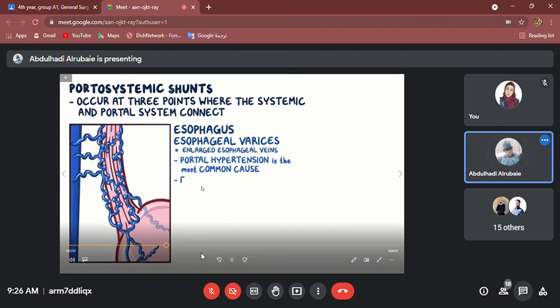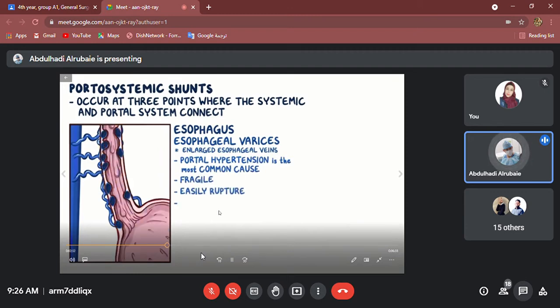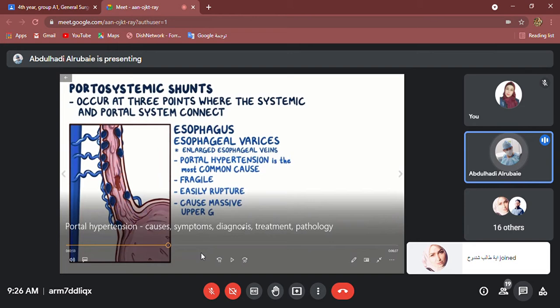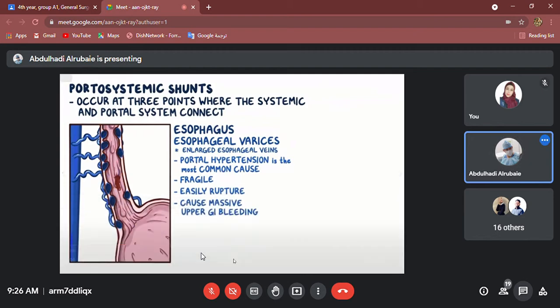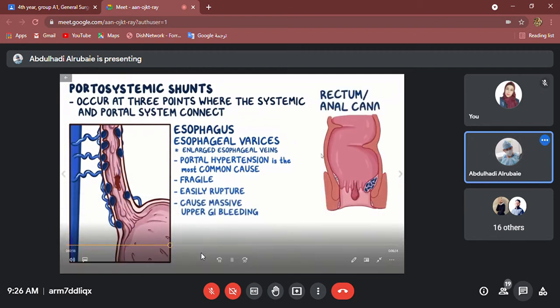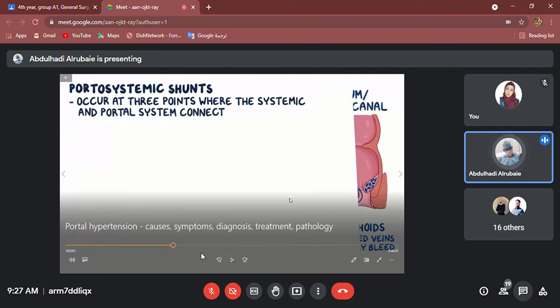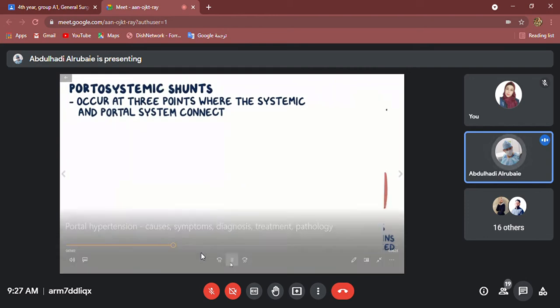And these varices are fragile, easy to rupture, and cause massive upper GIT bleeding. Also, this is in the rectum and anal canal, piles or hemorrhoids, which are enlarged veins in this area, which could give rise to bleeding.